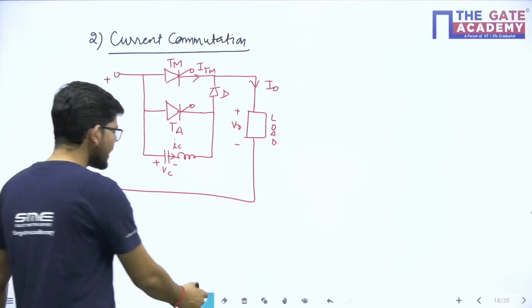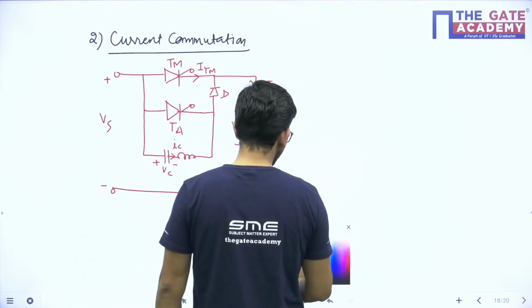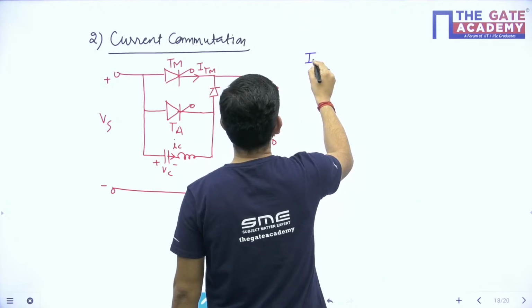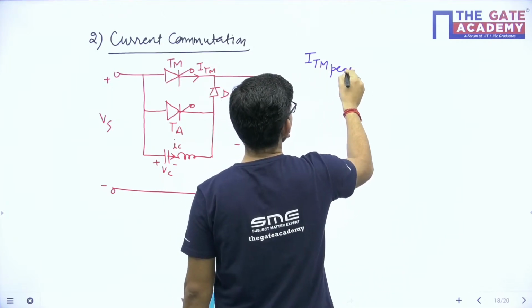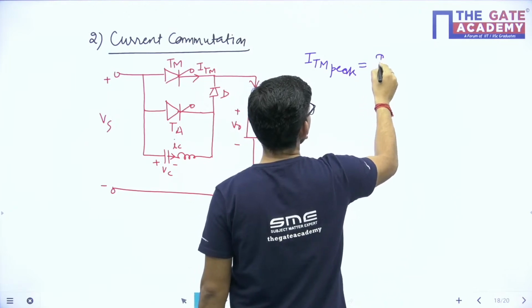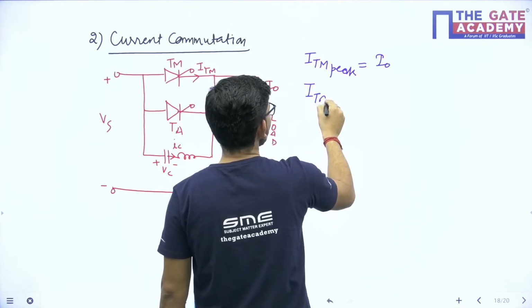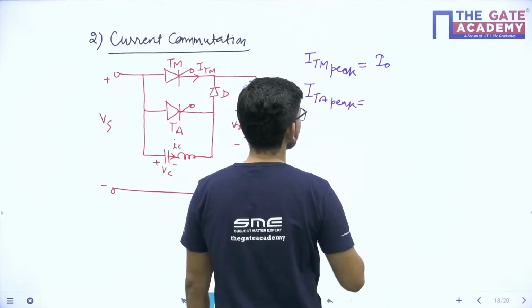Now, what are the important formulas related to this particular circuit? What will be the ITM peak? What will be the peak current that the main thyristor carries? It will be equal to I0. What will be the ITA peak? What will be the peak current that the auxiliary thyristor will carry?